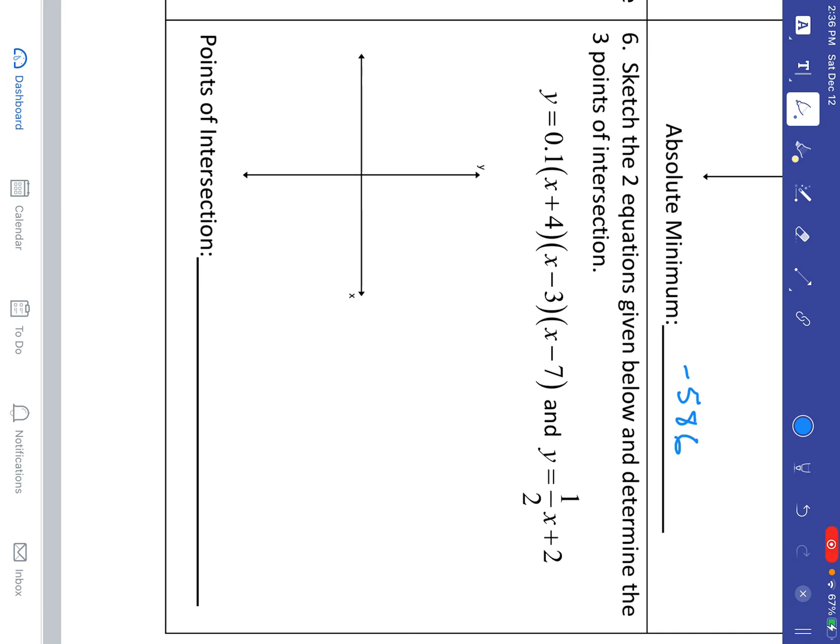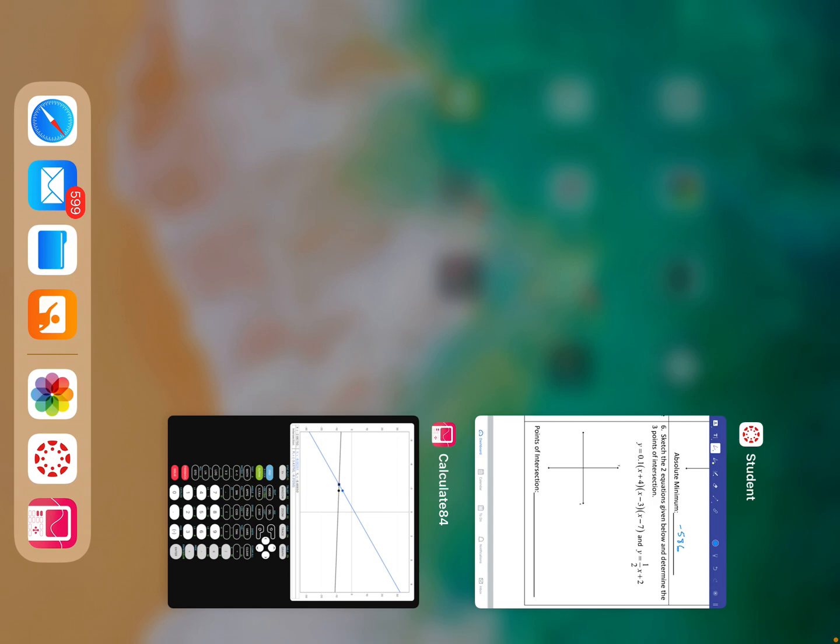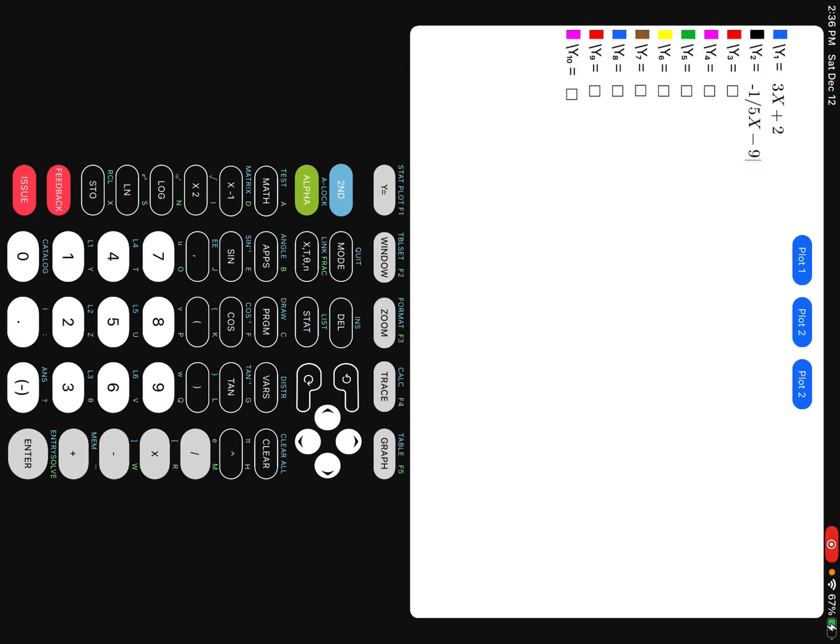Okay, the last one, same idea. We're going to find the intersection between those two graphs. So you go back to our calculator app. We're going to delete both of those, clear those both out, and write our new equations. We have 0.1 x plus 4, x minus 3, and x minus 7.